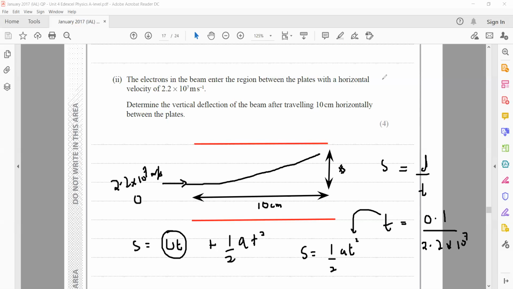But what about acceleration? How can I find it? I have the formula F = ma, so a = F divided by m. F we already worked out in the previous part, the force experienced by the electron, and m is the mass of the electron. So I will get the acceleration. I will substitute the time, multiply by time squared, divide by 2, and I will get the vertical displacement.